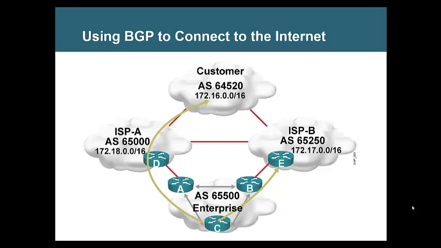At the bottom, what you see is an enterprise's autonomous system 65500. Now this enterprise is multi-homed. What is multi-homed? This enterprise is connected to 2 ISPs, ISP A and ISP B. They are multi-homed.